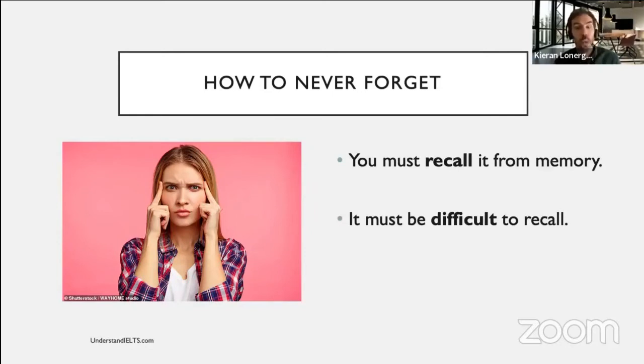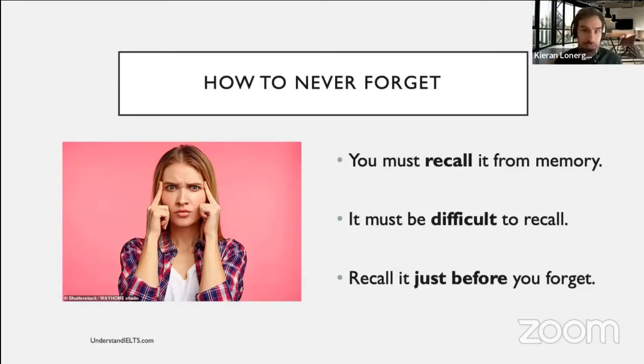And when is something most difficult to recall? Well, obviously, it's the moment just before you forget it. So, if you had a system to recall new vocabulary from memory, when it's difficult to recall just before forgetting it, well, that would help you to never forget that vocabulary.